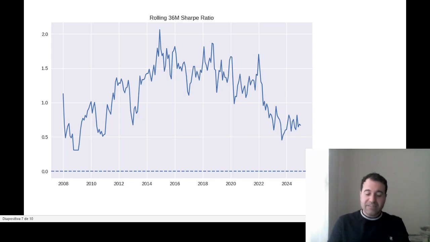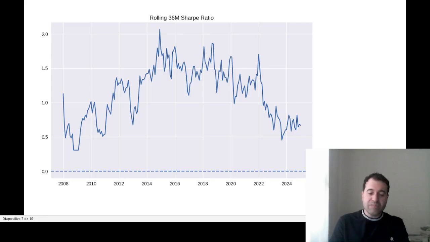Rolling 36-month Sharpe. To evaluate consistency, I computed a rolling 36-month Sharpe ratio. This helps us understand how performance behaves through time. As expected, it fluctuates.